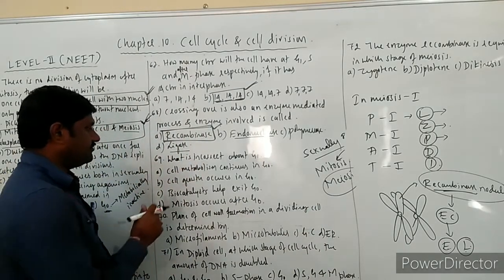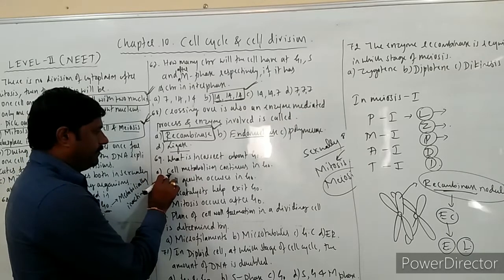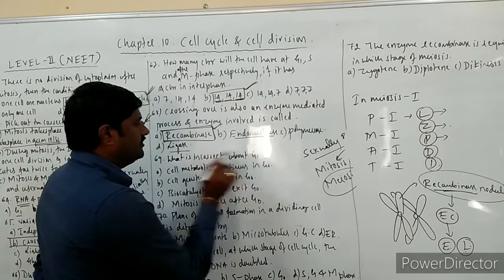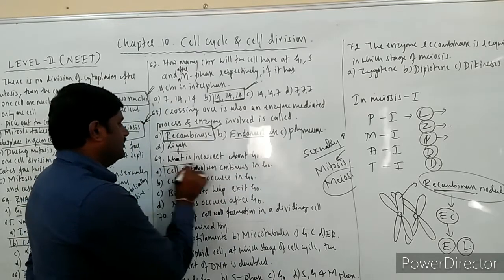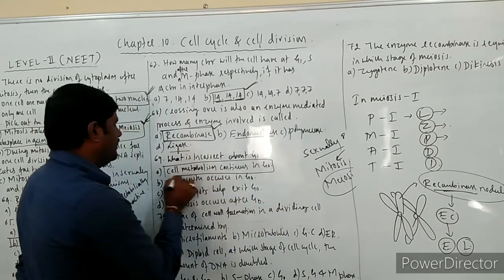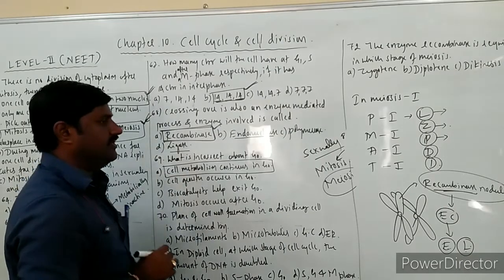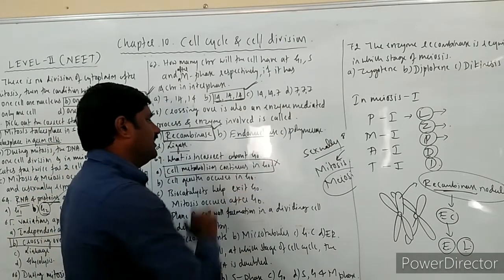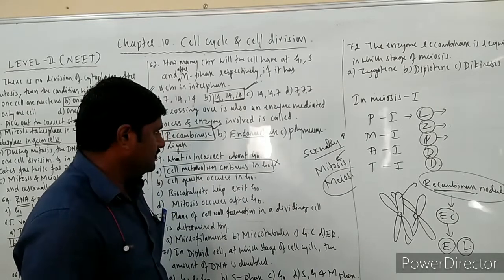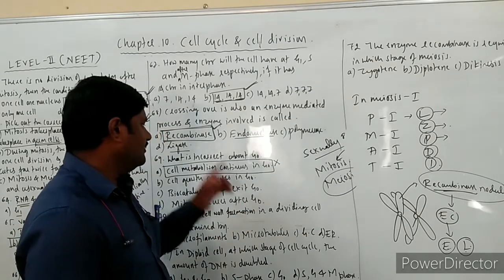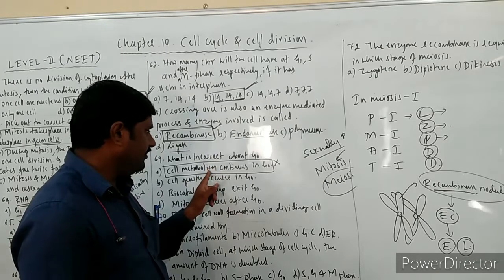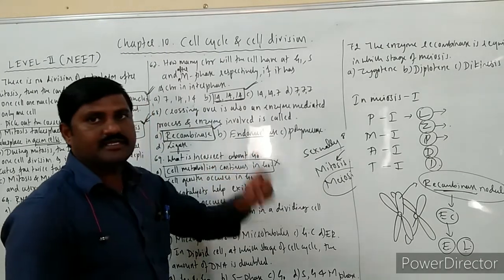Let us see. Option A, cell metabolism continues in G naught. The metabolic processes are held over here, so this is the wrong statement for the G naught stage, where the cell is metabolically inactive, but he says metabolism continues in G naught.